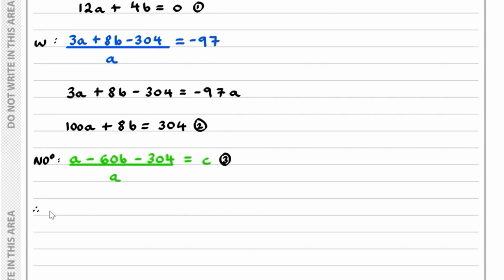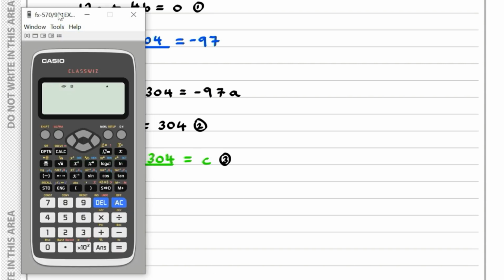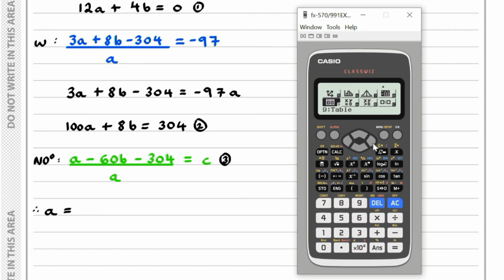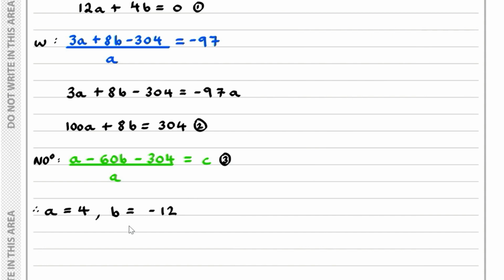So, if we find the value of a and find the value of b, we have 12a plus 4b equals 0, 100a plus 8b equals 304. A is equal to 4. B is equal to minus 12. We know the values of A and B, so we can sub these into equation 3.